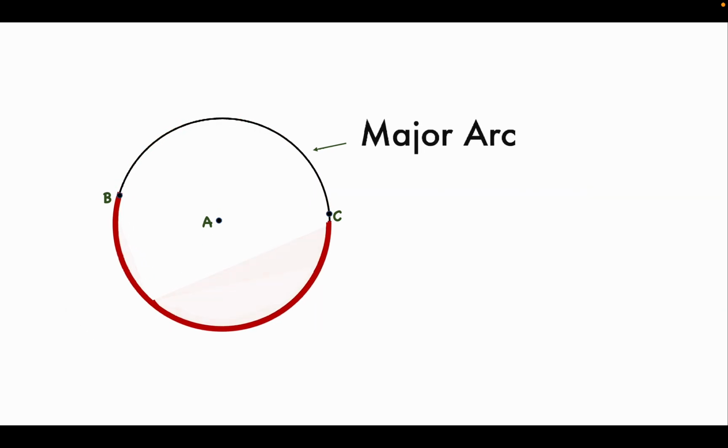Now, the bigger portion or the bigger part of the arc or the circumference is what we call the major arc. Kasi mas malaki yung nasasakop niya compared dun sa kabila. Now, this we call arc CB. Arc CB, while the minor arc earlier is arc BC.